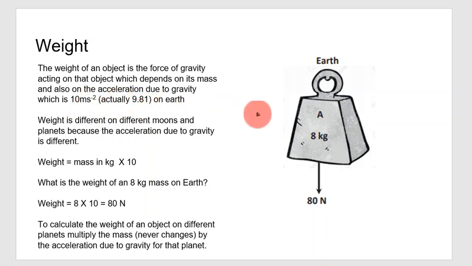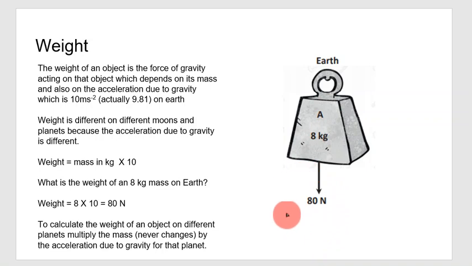Weight is a measure of force acting on a particular mass. You have the mass of the object, which is measured in kilograms, and when you hold it up in the air, the force of gravity is trying to pull that object down towards the earth.